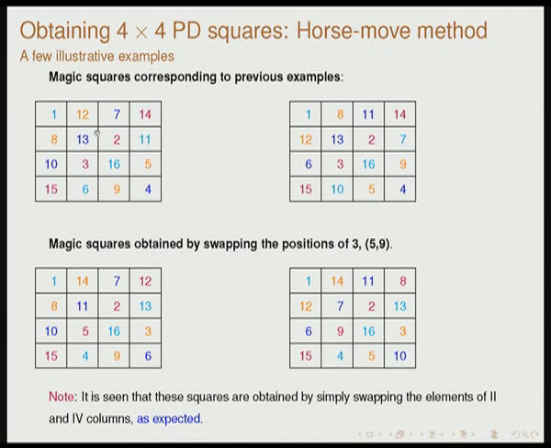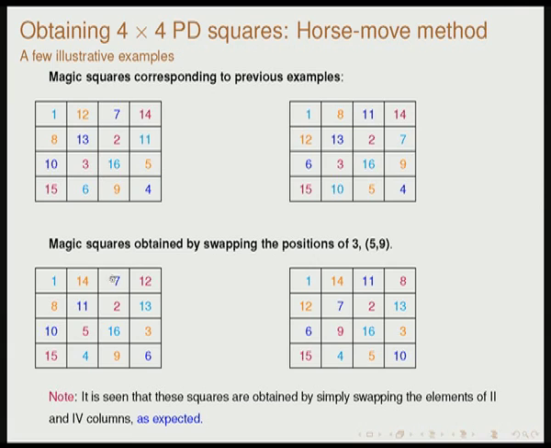Between this example and this example, I am not going to explain all the details. One thing which is strikingly similar between them is the following. Here, if you notice 1, 8, 10 and 15, 7, 2, 16 and 9, these are one and the same.